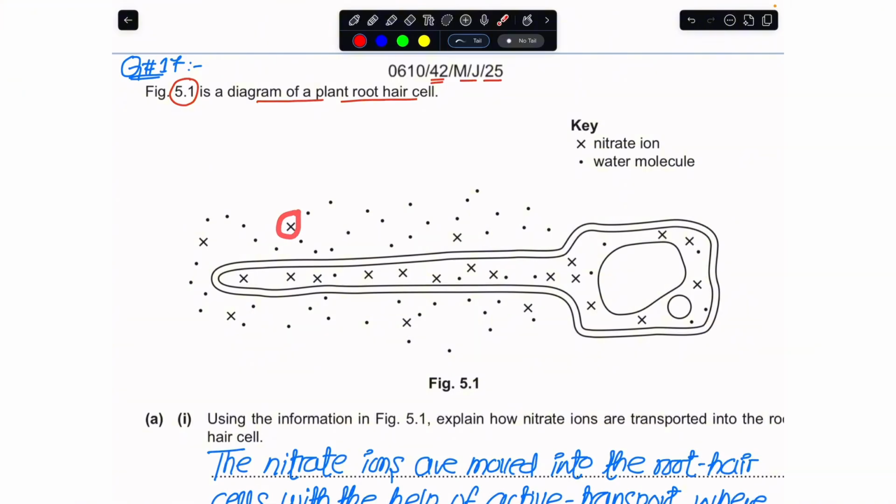So for the ions to move into the cytoplasm and the large vacuole, what these root hair cells would do is cause their mitochondria to release energy, and that energy would be utilized to move these nitrate ions from their lower concentration that lies in the soil to their higher concentration which lies within their large vacuole with the help of active transport. And in doing so, these nitrate ions are being moved against their concentration gradient, and that too with the help of the proteins that we have in their cell membranes, and they are the carrier proteins.